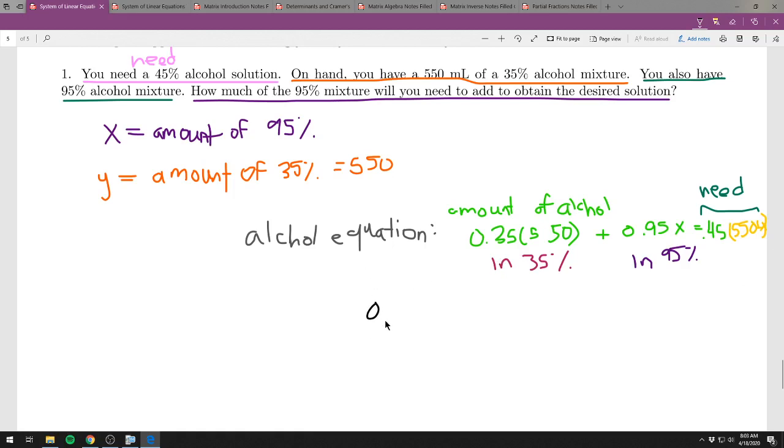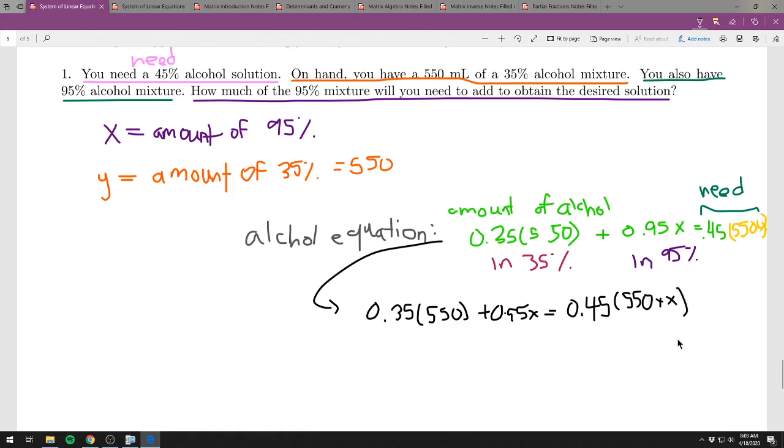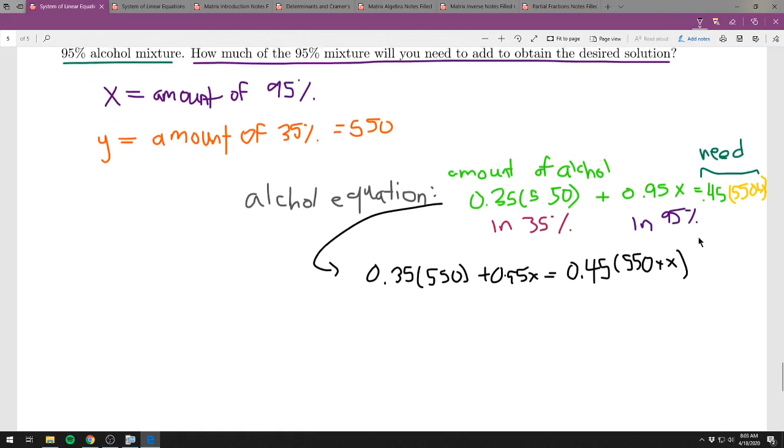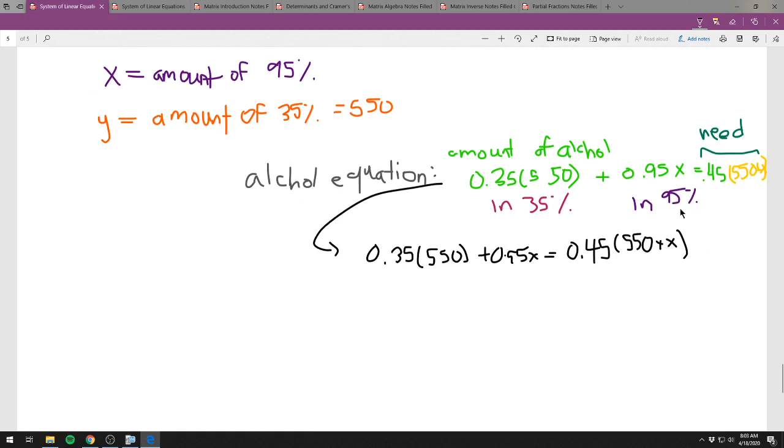So we got 0.35 times 550, just rewriting it, plus 0.95 times X equals 0.45 times (550 plus X). Okay, all right, so that is the amount of alcohol equation.